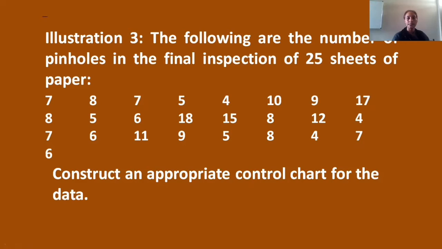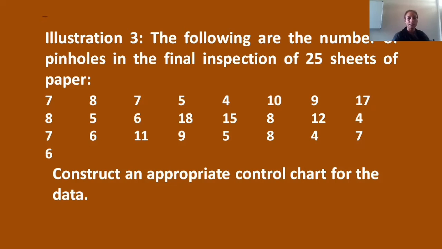So in that case, C chart is the most appropriate chart. And also whenever we are applying C chart, there should be the same sample size in the sample. Means if we are taking 10 samples, so in all 10 samples there should be same number of units. So in that case we can go for the C chart.